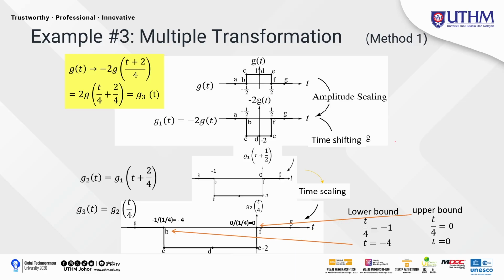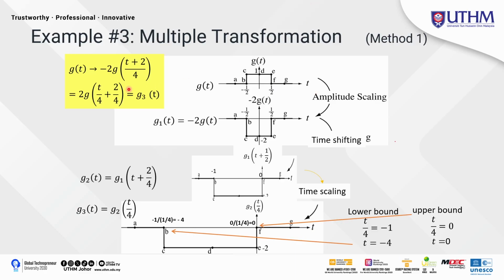Now we use the first method to solve these multiple transformations. Given a signal g(t) equal to -2 u((t plus 2) over 4). The signal is this one, from -half to half. First of all, we solve using the amplitude scaling first.